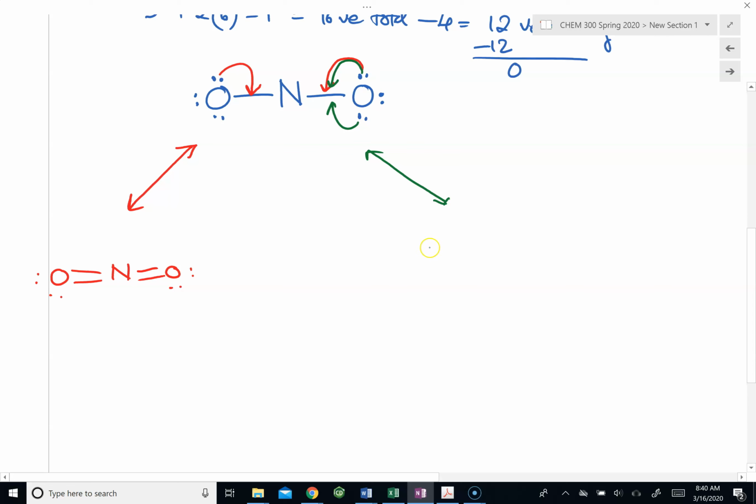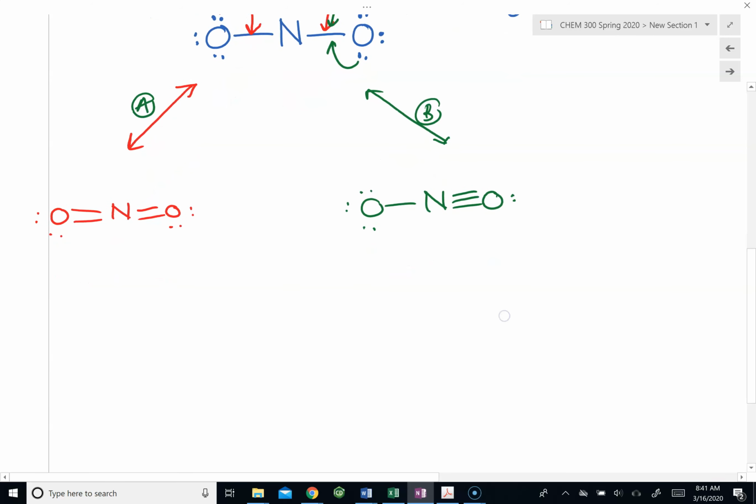So the resultant structure following the set of arrows in green would be as follows. And the other oxygen still has its two lone pairs of electrons. So these are the two ways, way A and B, that we can move the electrons from the terminal atoms to complete the octet for the central nitrogen. Thus, these two structures would then be the resonance structures.